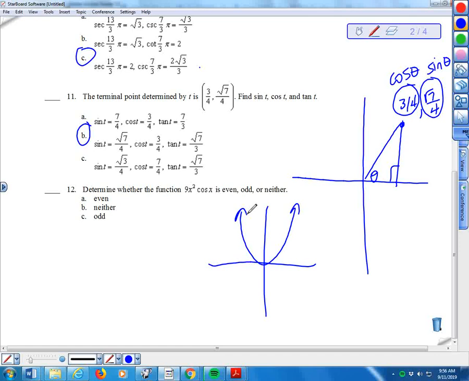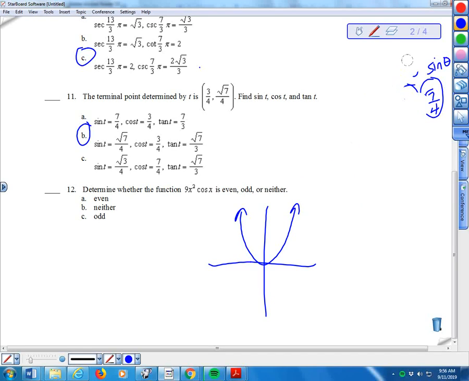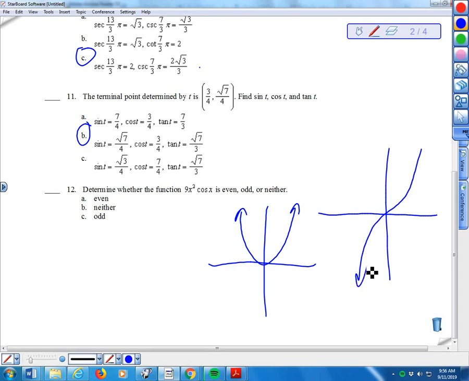This is an even function. A function is odd graphically, and I'm going to show you algebraically too, if it's symmetric around the origin. And a function is neither if it's symmetric around neither the y-axis nor the origin.